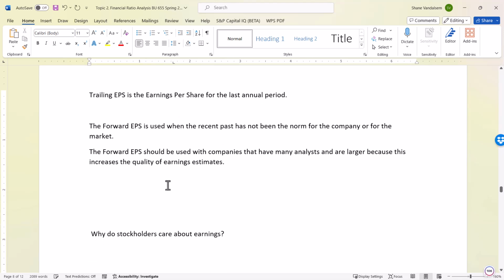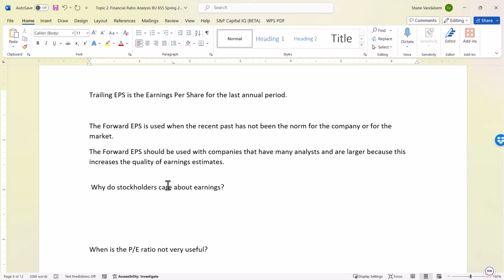For smaller companies, that forward EPS may not be as reliable, and so we want to make sure to maybe rely more on that trailing EPS for those companies.